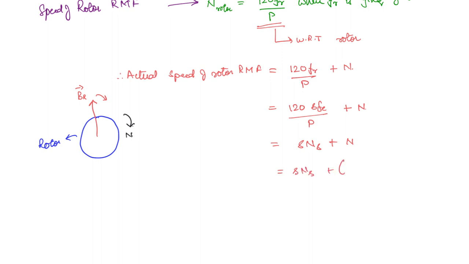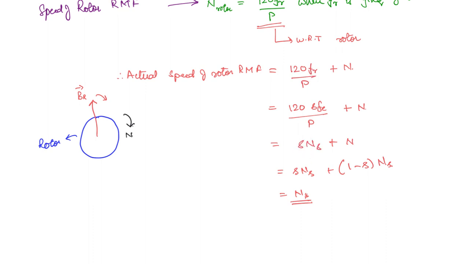S Ns plus n you can write as 1 minus S into Ns. So you are going to get Ns. That means the actual speed of the rotor RMF is the same as the speed of the stator RMF. The synchronous speed is equal to the synchronous speed only. But with respect to the rotor, the speed of the rotor RMF is 120 Fr by P, which you got as S times the synchronous speed.